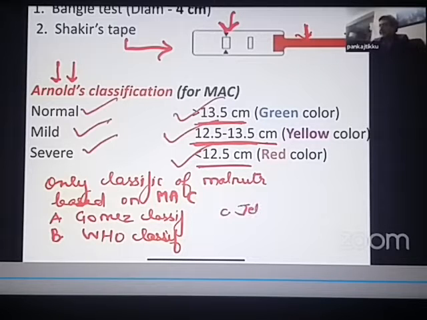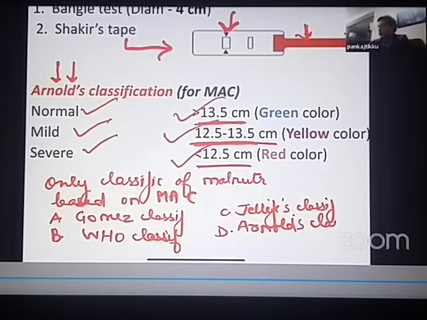C, is it Jelliffe's classification? And D, is it Arnold's classification? So what is the answer? The only classification which is based upon the mid-arm circumference of the child is the Arnold's classification of protein energy malnutrition.